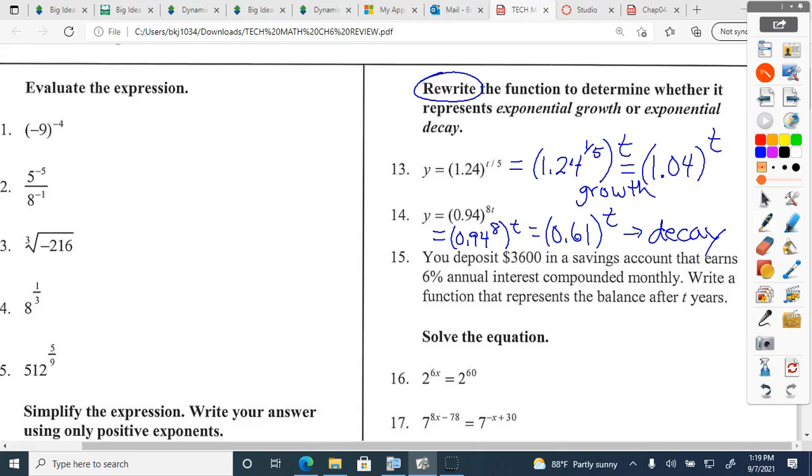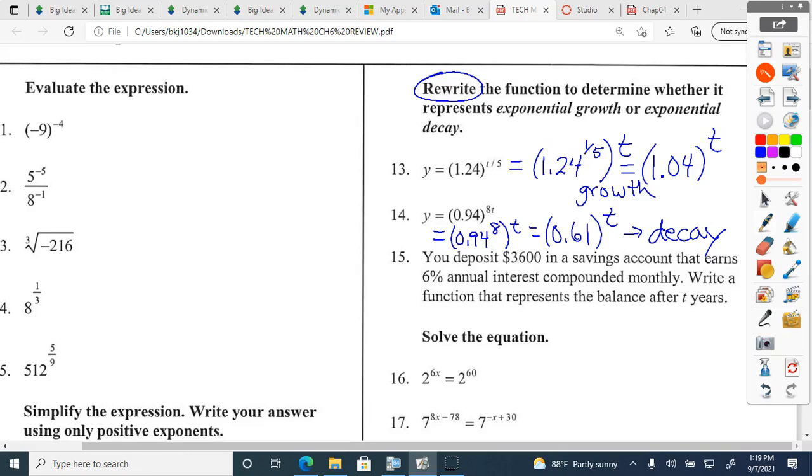Okay? Any questions on that? Everybody good? Yep. Don't forget the rewriting part. Like I said, a lot of us skipped that part on the first test. That one had a bunch of half credit.